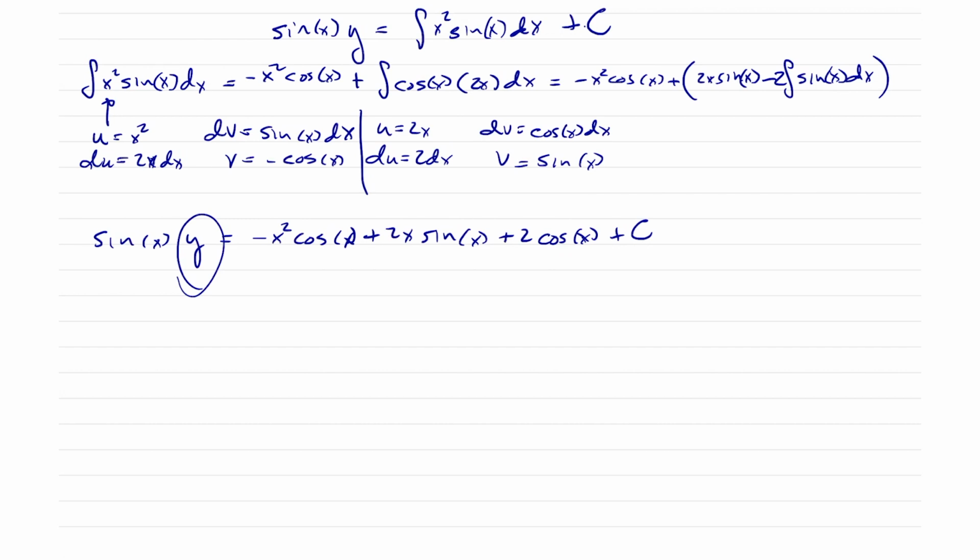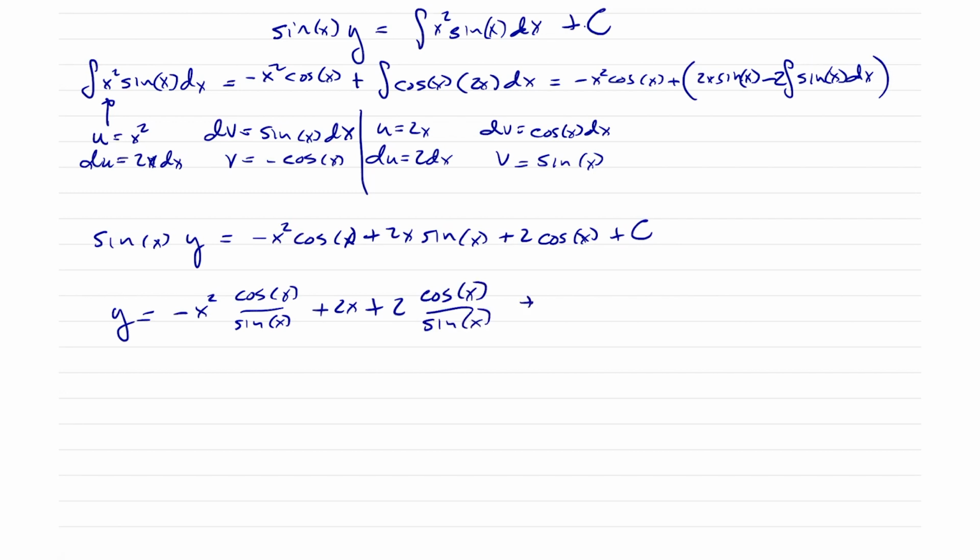Finally, if we want to solve for y, we divide by sine of x. So we get y is equal to minus x squared cosine of x over sine of x plus 2x sine divided by sine, they just cancel, and then plus 2 cosine of x over sine of x plus c. If you wanted, you can write this as cotangent of x.